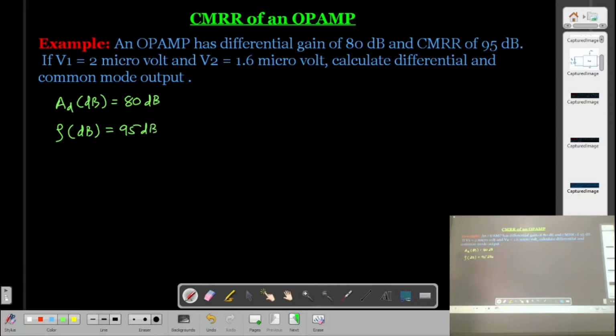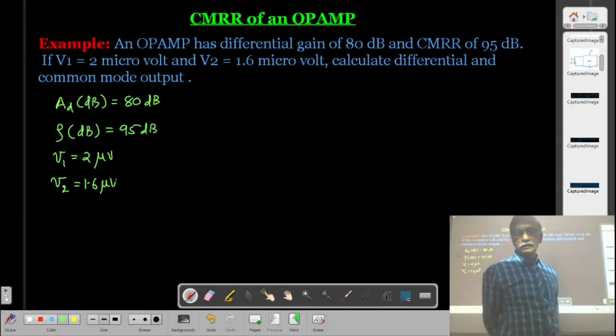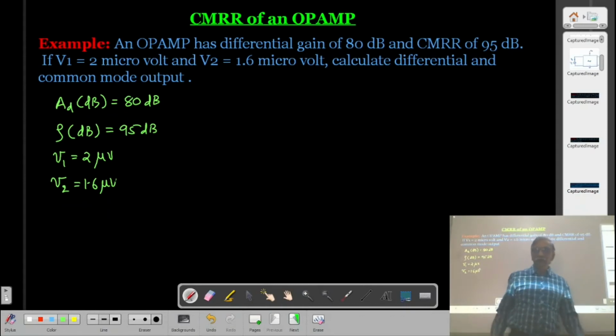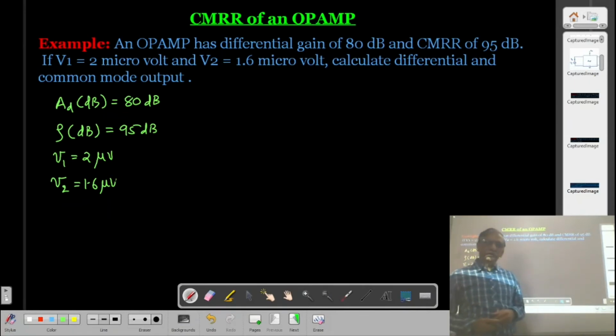V1 and V2 are also given. V1 is equal to 2 microvolt, V2 is 1.6 microvolt. Calculate the differential and common mode output.